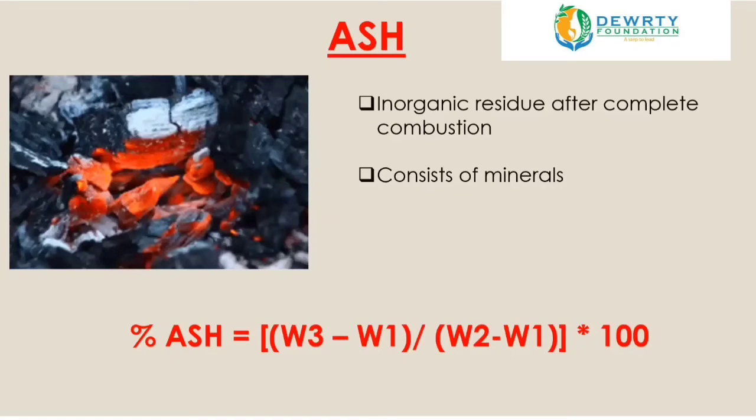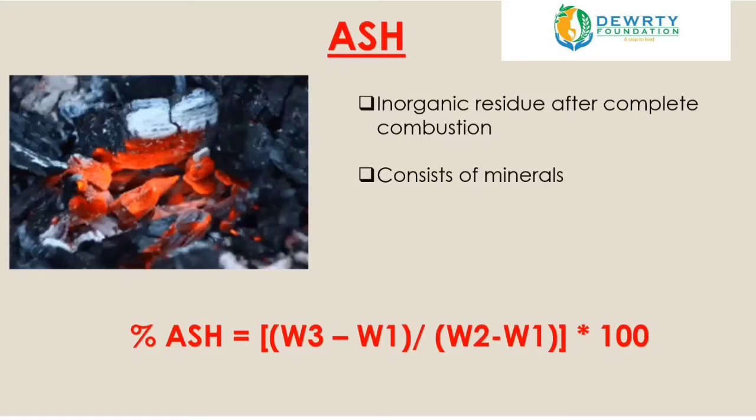What we are doing here is increasing the temperature so that everything is properly burned down and nothing remains, so that our estimation is not incorrect. We will heat it at 550 degrees centigrade for 7 hours for proper ashing, so that we get proper ash.